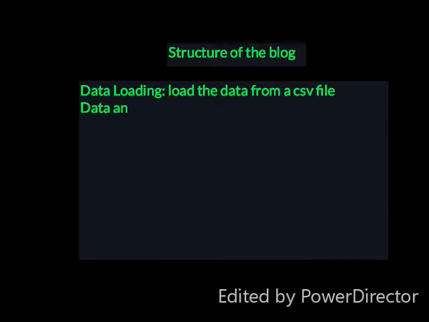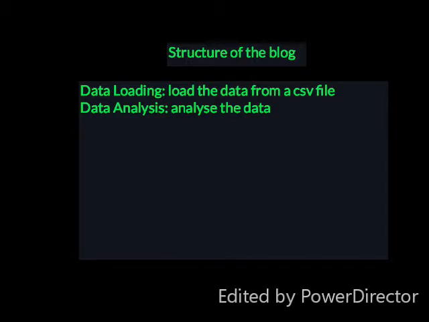The first step that we do is data loading. That is just to load the data from a CSV file. It can be any input. And the second step is to do data analysis. This is to analyze the data and to find if there is any problem with the data.